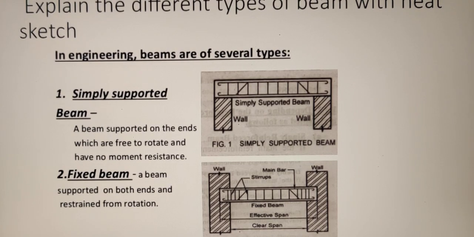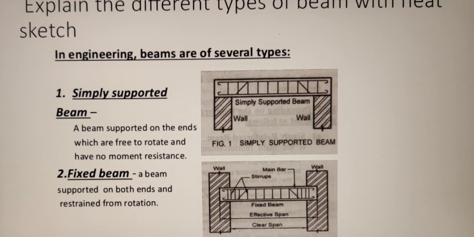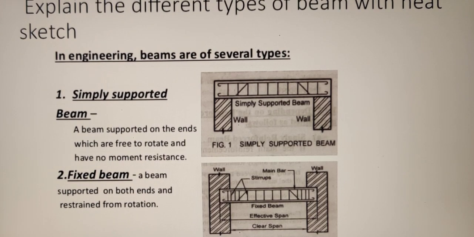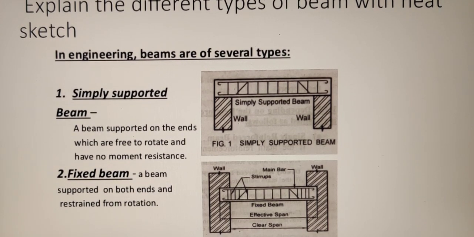Second type of beam is a fixed beam. In a fixed beam, both ends of the beam are fixed. For a fixed beam, you have already discussed that at the fixity you have three unknowns. In this figure you can see the beam is fixed on both sides. On one side you will have 3 unknowns, on the other side again 3 unknowns.